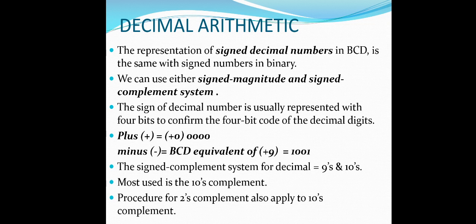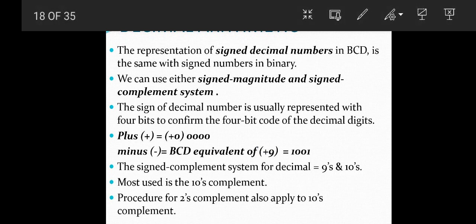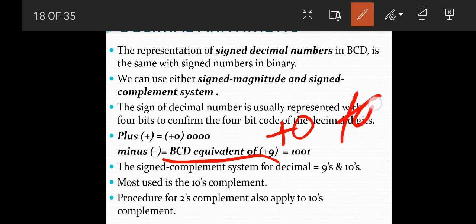With BCD decimal arithmetic, you will be using +0 for positive. While for negative, instead of minus, you will be using the +9. That will serve as your negative.